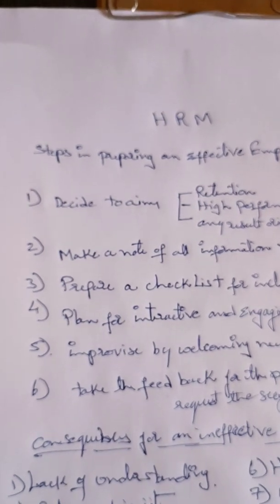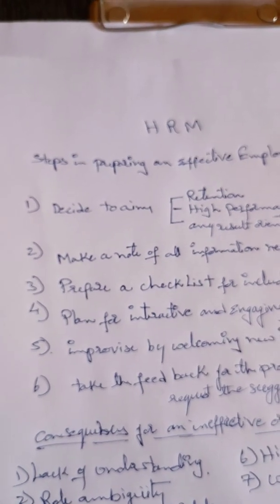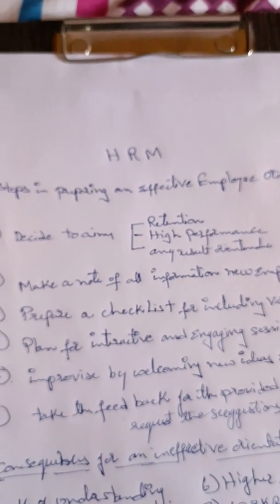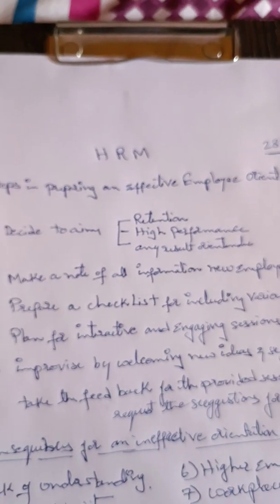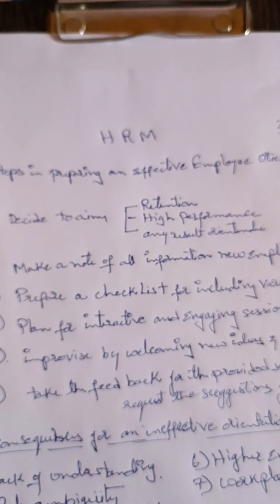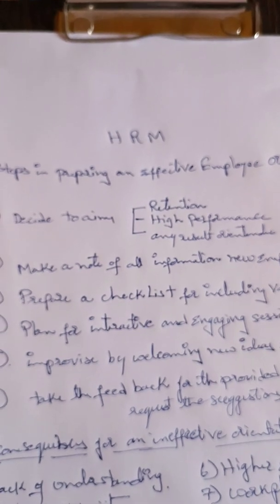We have to make a checklist of up to what limit of information we have to pass on to that employee. So we have to make a checklist for preparing an effective orientation program.